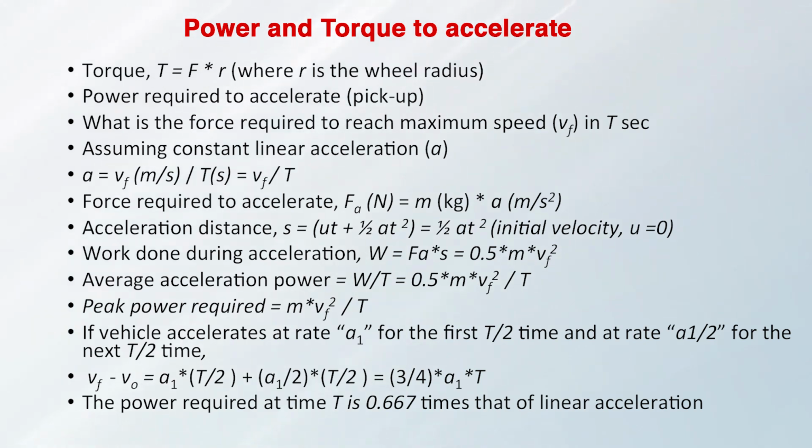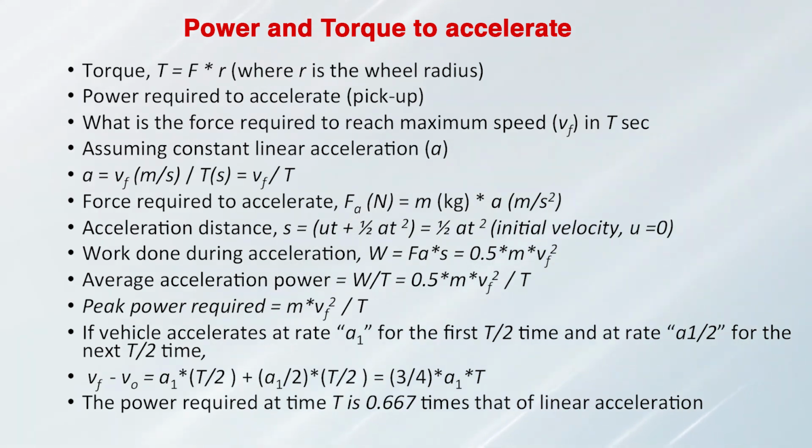And if the vehicle accelerates at rate a1 for the first t by 2 time, and a1 by 2 for the next t by 2 time, the total velocity v f minus v naught will be 3/4 of a1 into t. So, the power required at time t is 0.667 times that of linear acceleration.